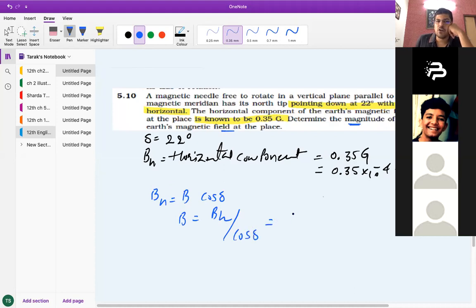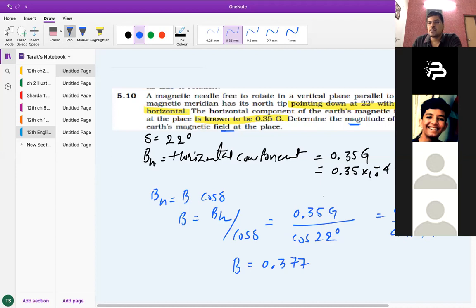B of H is 0.35 Gauss and cos 22 degrees. Cos 22's value might be 0.9271, if I'm not mistaken. Yes, I have this value ready with me.